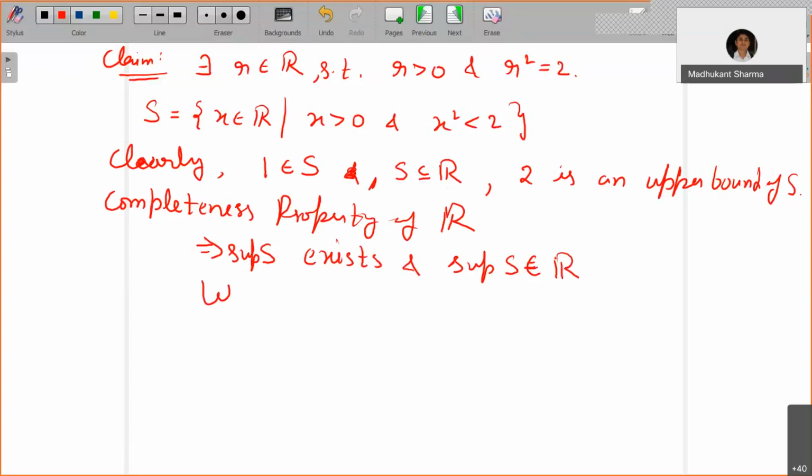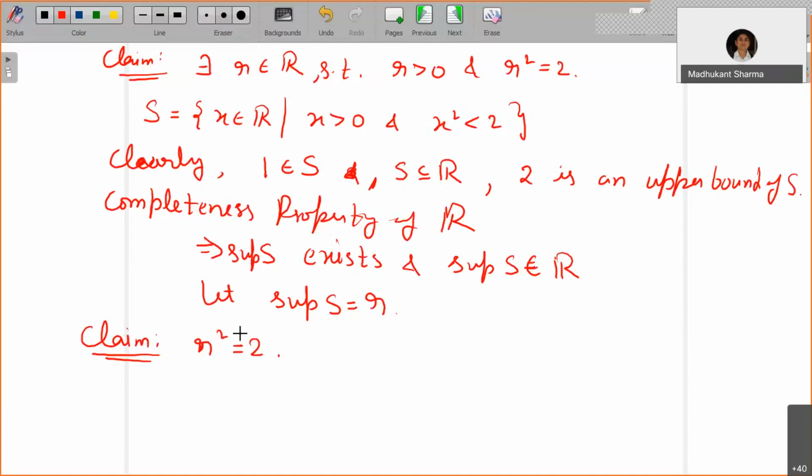Now let the supremum of S be equal to r. Definitely, the supremum of S equals r means r is certainly greater than 0. Now we want to establish that r square is 2. So the claim is r square is 2.